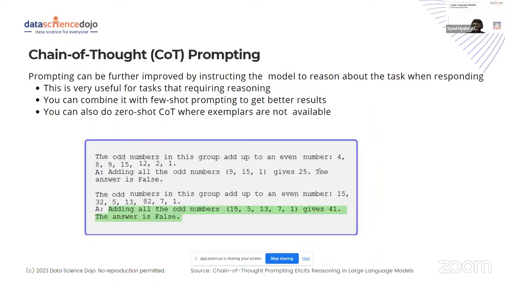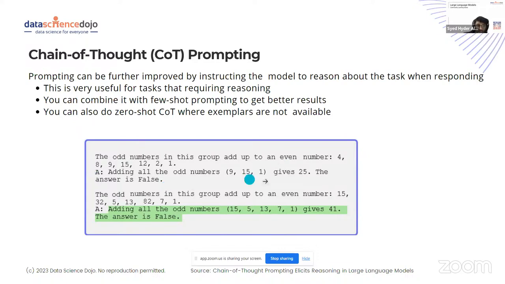In the same way, in chain of thought, we gave the same example: the odd numbers in this group add up to an even number. Now we are asking, adding all the odd numbers gives 25. The answer is false. So here we are giving it a few-shot example, but we are also chaining, giving it a reasoning path.